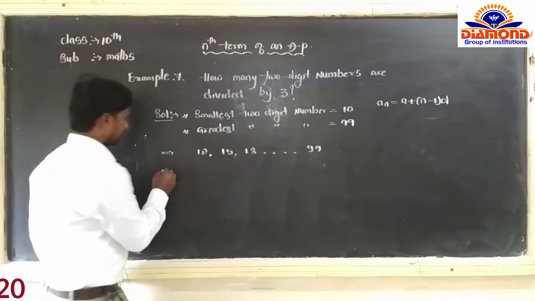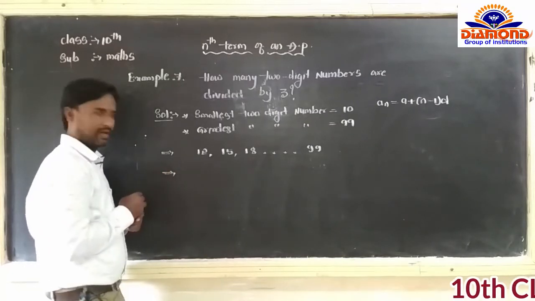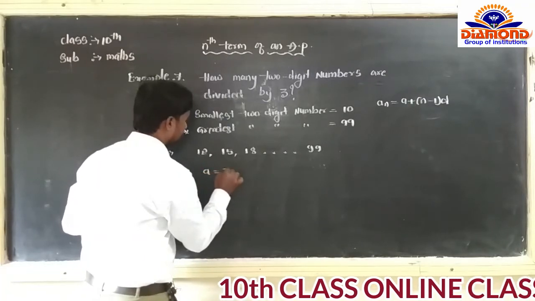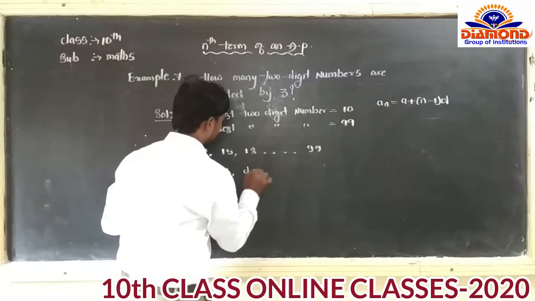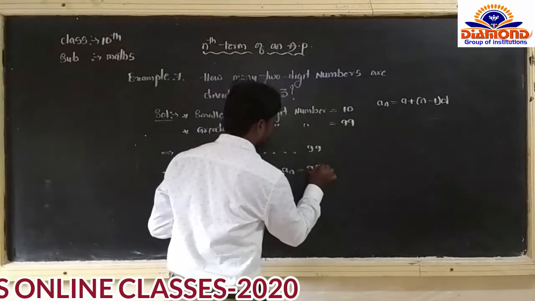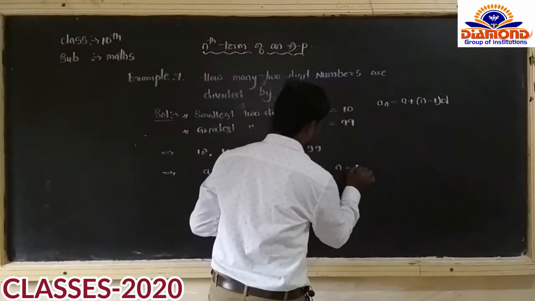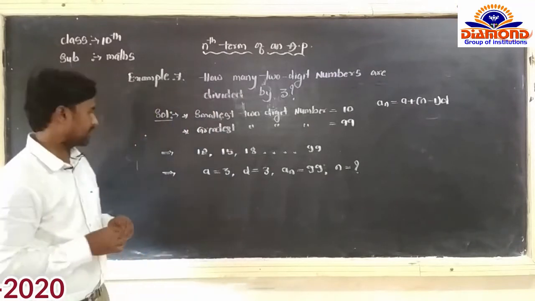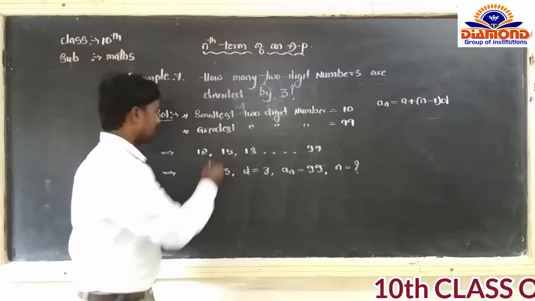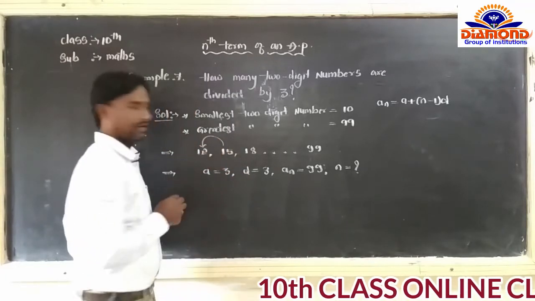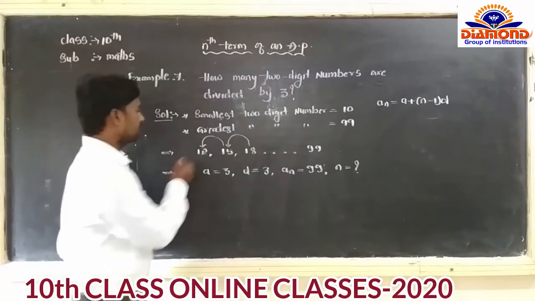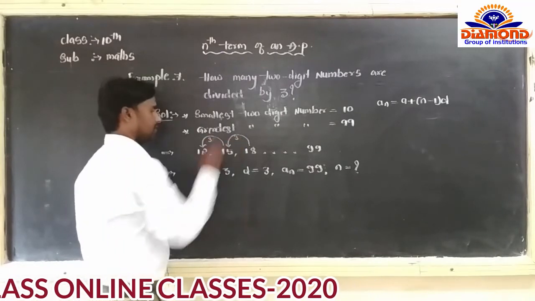We will take another formula here. The a value is 3, and the common difference we already know is 3, and an is equal to 99, and we are finding n. The first term is 12, and the common difference is a2 minus a1, a3 minus a2, the difference is 3.